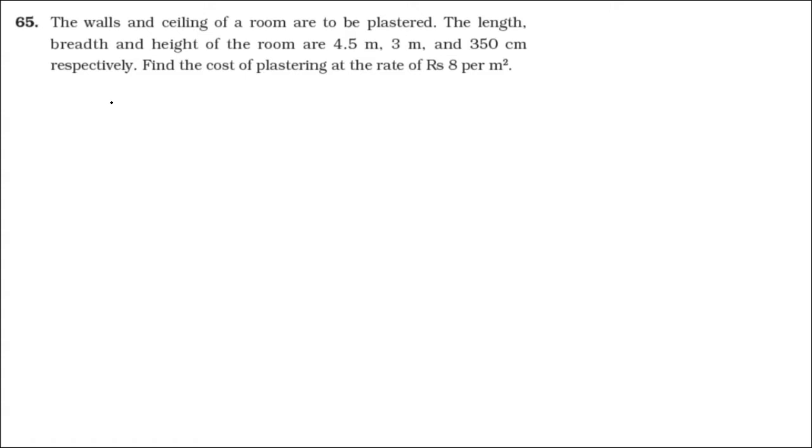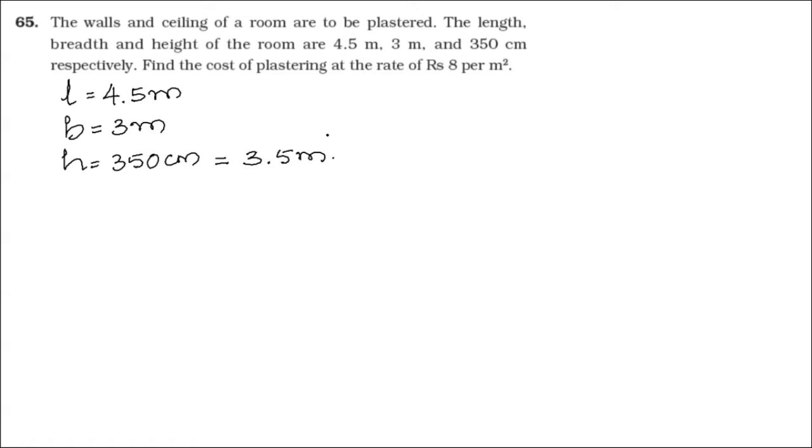They have given the dimensions of the room: length 4.5 meters, breadth 3 meters, and the height 350 centimeters. This is to be converted in terms of meters, so we get 3.5 meters.